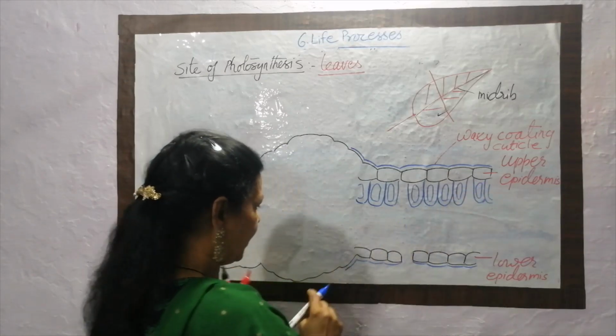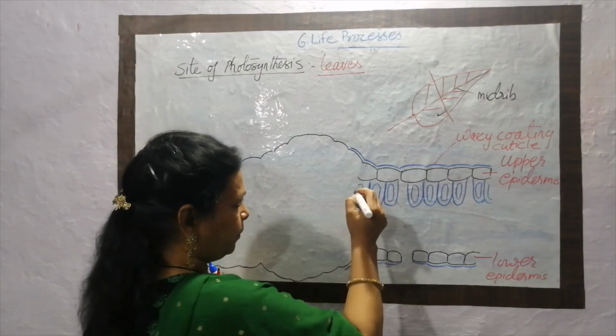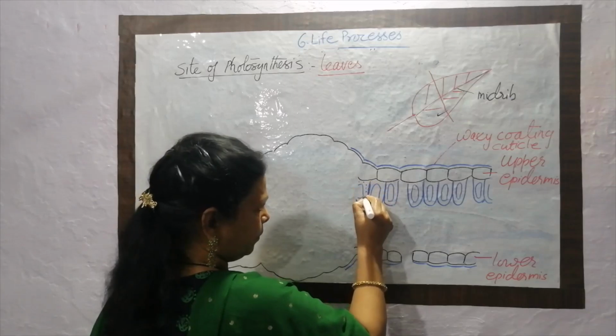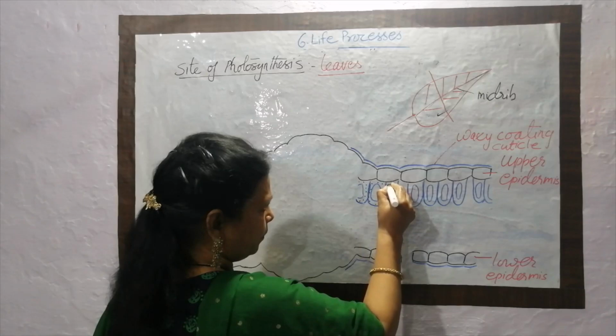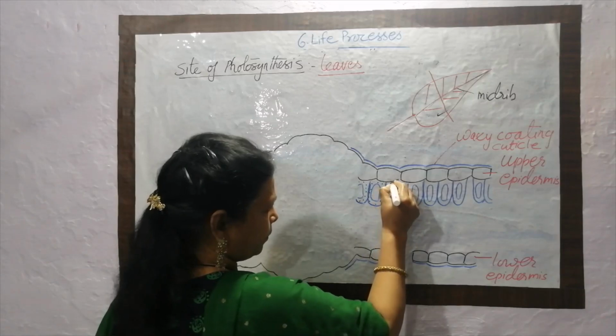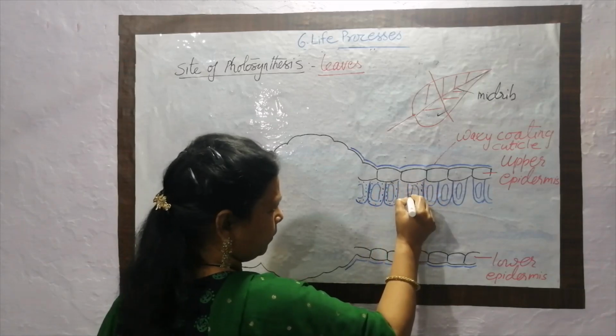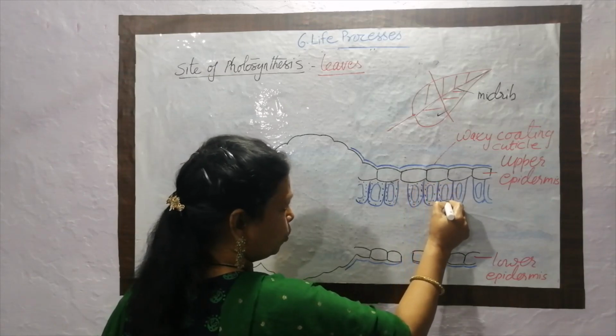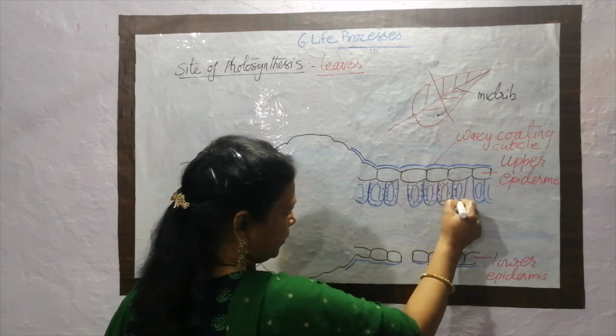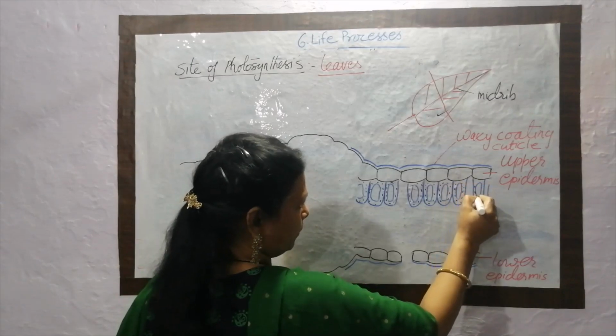Which actually contain chlorophyll. This row of cells is called mesophyll.